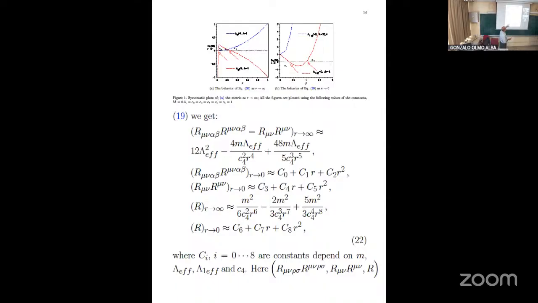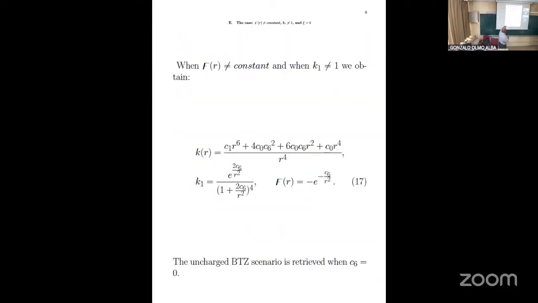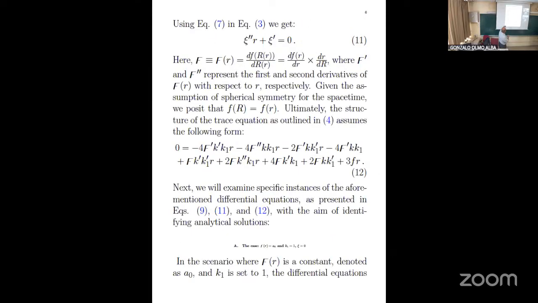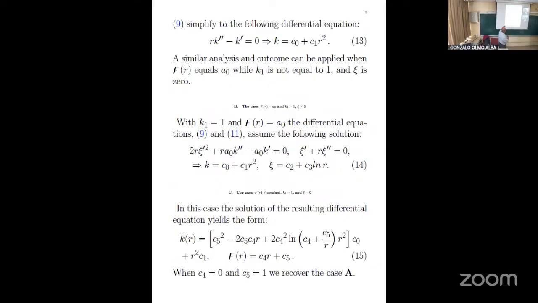So we know that this is the form of f of r, which is the first derivative. Okay? This is in terms of the radial coordinate. So what is the corresponding f of Ricci scalar of this solution?